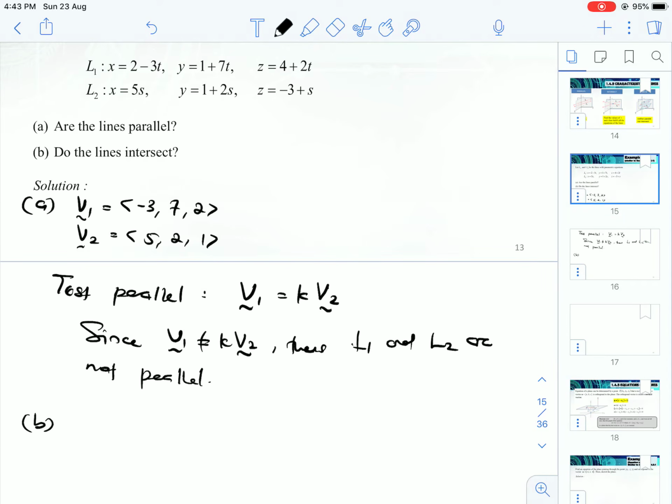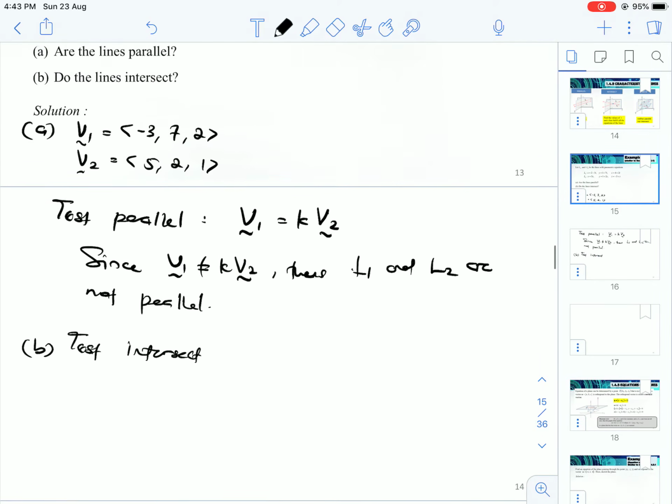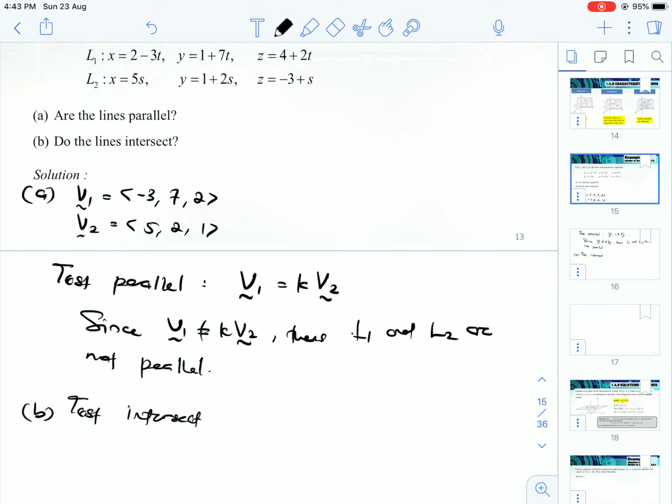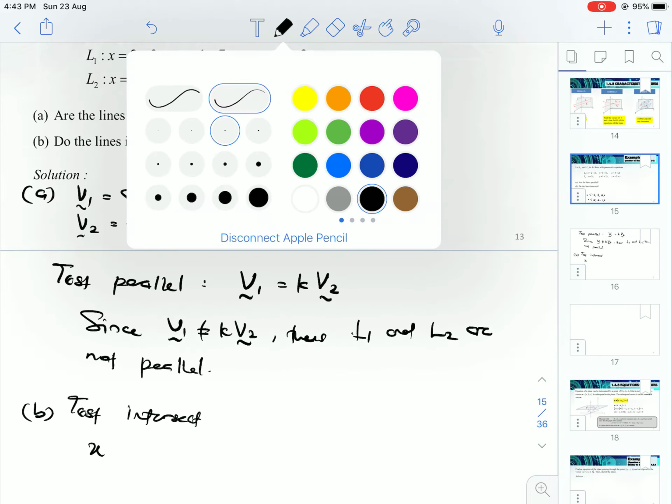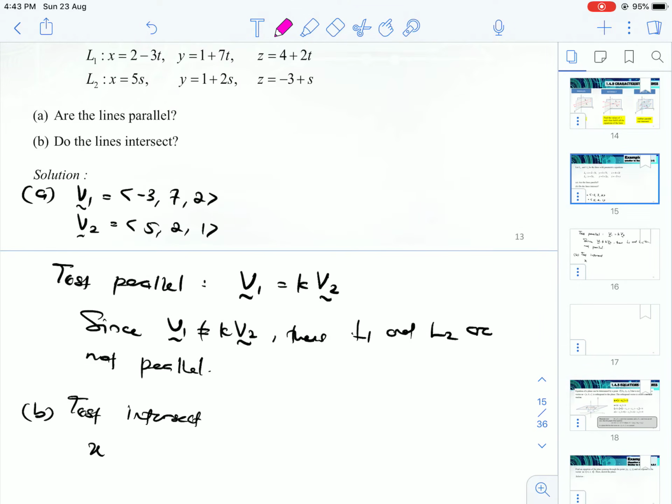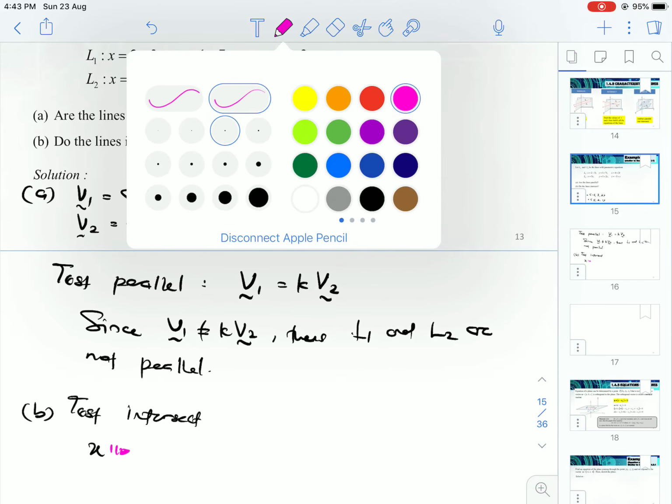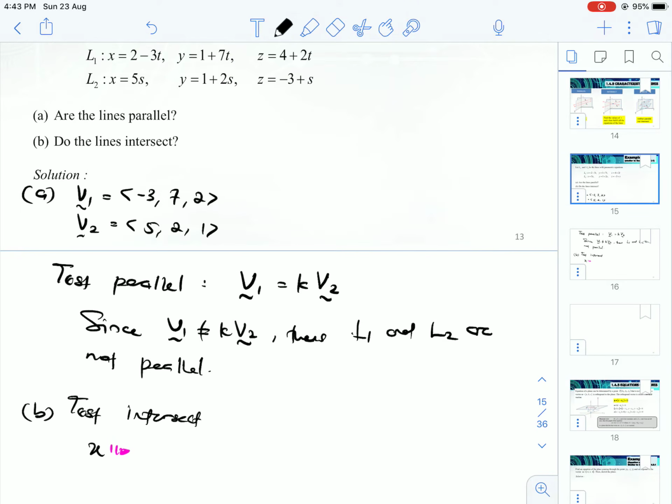For x, we have 2 minus 3t equated with 5s.